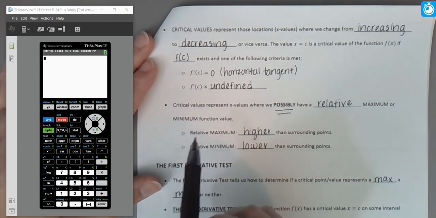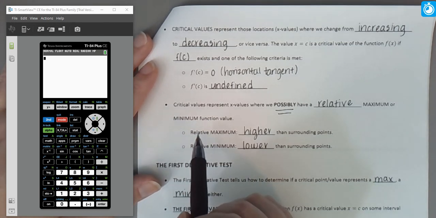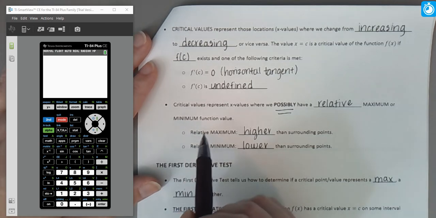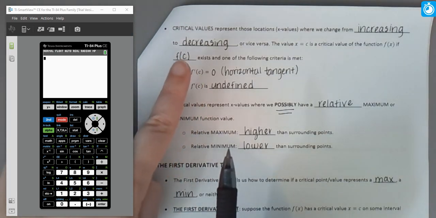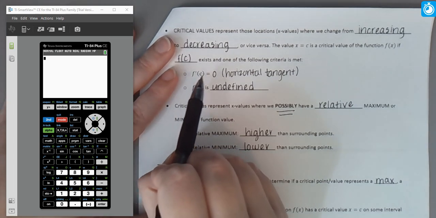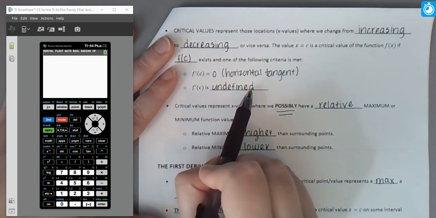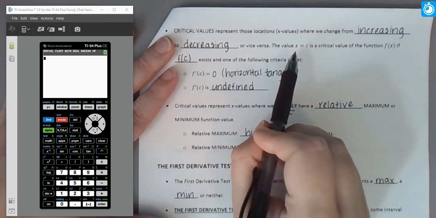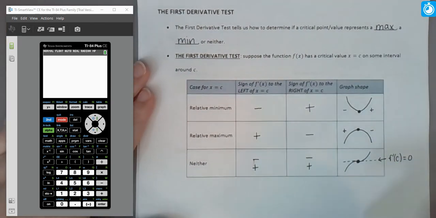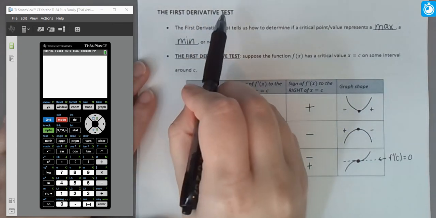So that essentially gives us 2 steps to solving a problem involving maximization and minimization using this test. So number 1, we need to know what x values meet these 2 criteria. So what x values would make the derivative 0? What x values would make the derivative undefined? Those are going to be our critical values. And those are going to be the values that we apply this table to, that we apply the first derivative test to.